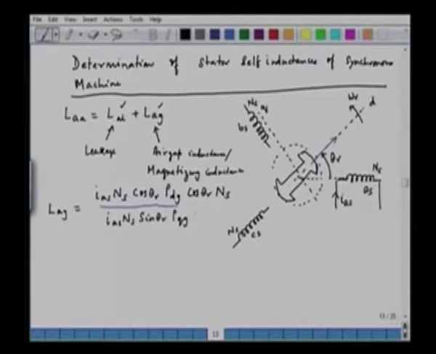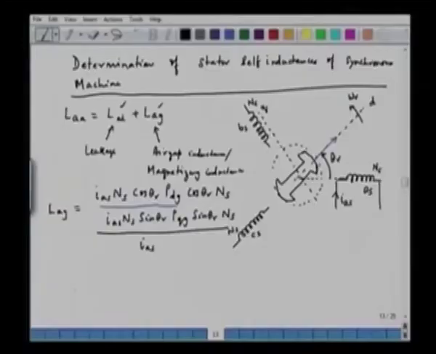We are again multiplying with sin theta r and Ns to find out the flux linkage in phase A. So, this is the total flux linkage in phase A, and its own current is IAS. So, we can divide this by IAS. So, this is the inductance of the phase A with respect to itself, that is LAG.